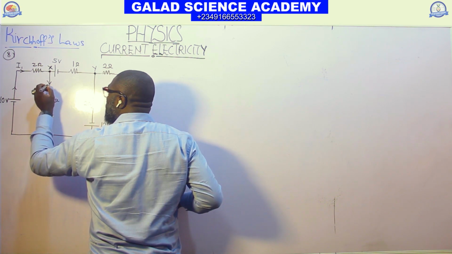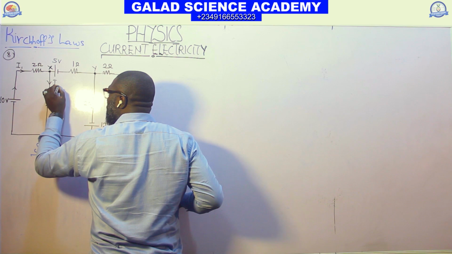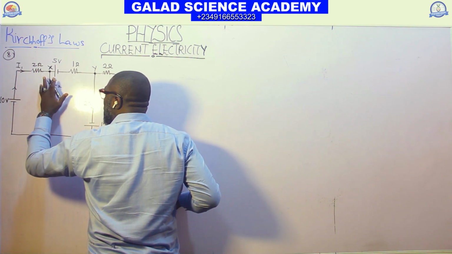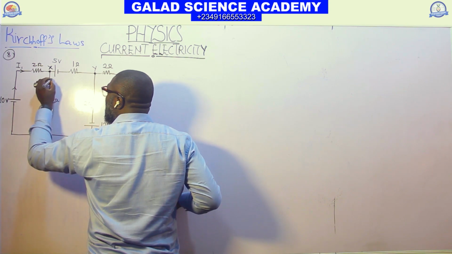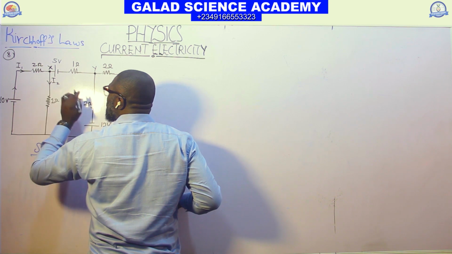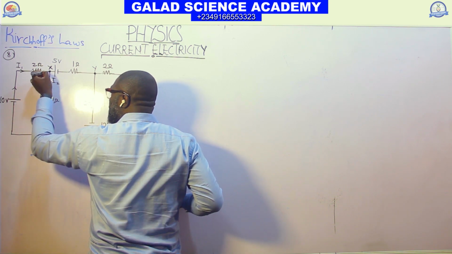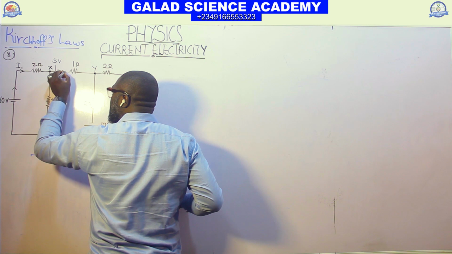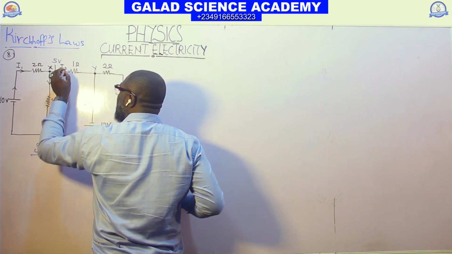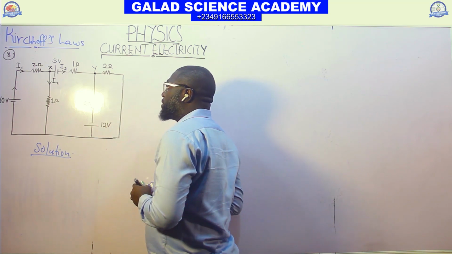This is current I2, and the second one goes like this. Going here, we call it current I3.